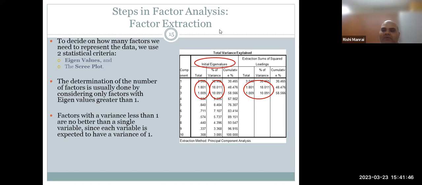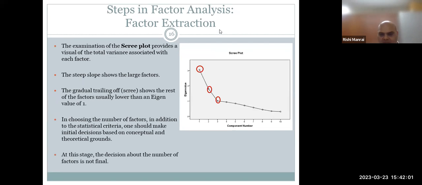So the constructs or factors determined in this factor analysis are only 3. This is one way of how you determine the total number of factors that have been reduced with this technique of data reduction.